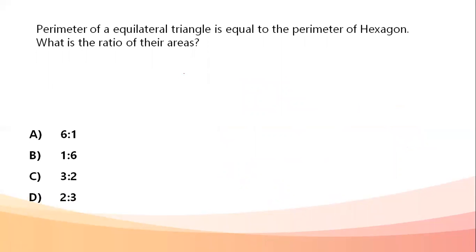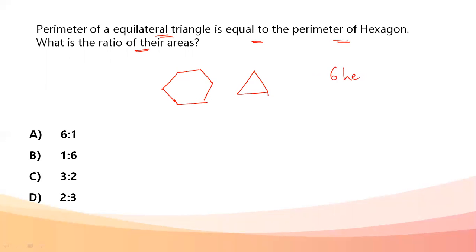Okay. Next question. Perimeter of an equilateral triangle is equal to the perimeter of a hexagon. The ratio of the areas is what they're asking. Okay. An equilateral triangle and a hexagon are taken into consideration. I know one thing, that if I put together six equilateral triangles, I can always form one hexagon.